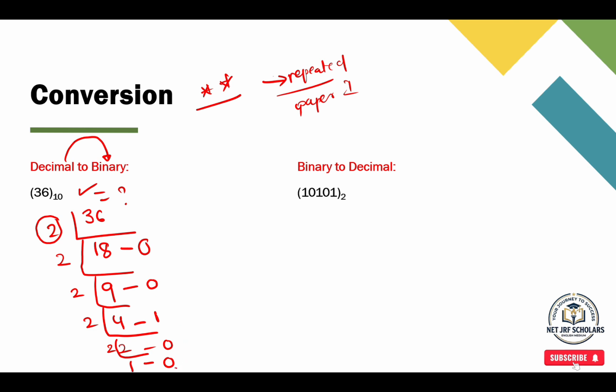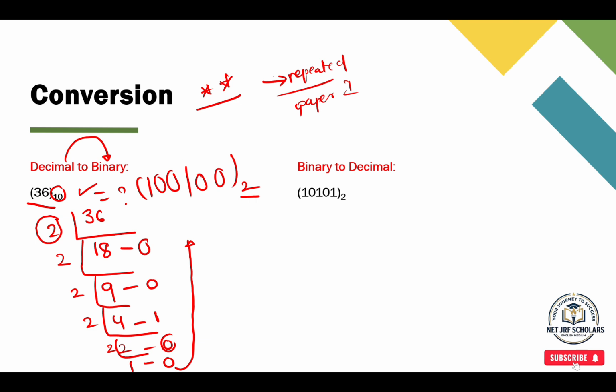So you have to follow this way to write the binary number. The binary equivalent of 36 decimal is, from the first remainder 1, next 0, next 0, next 1, next 0, and 0.